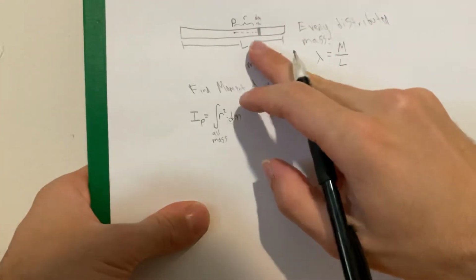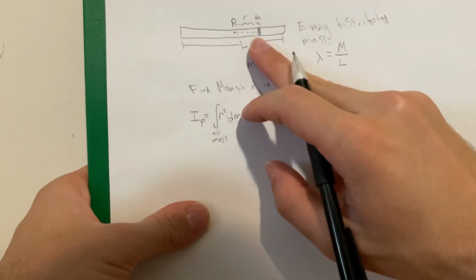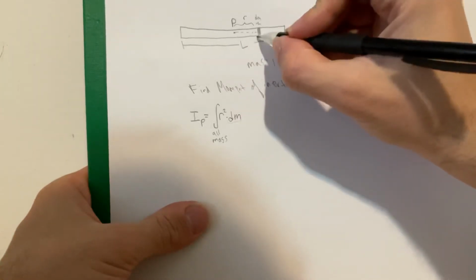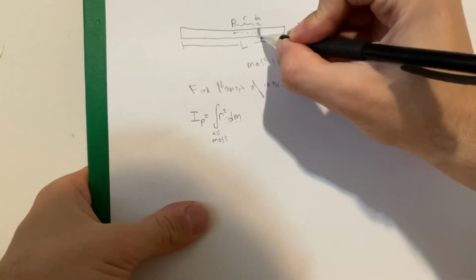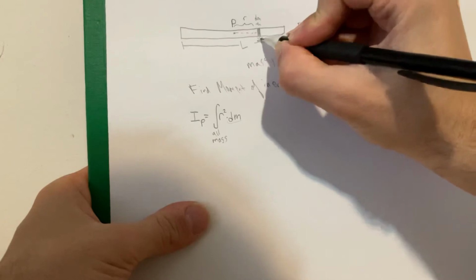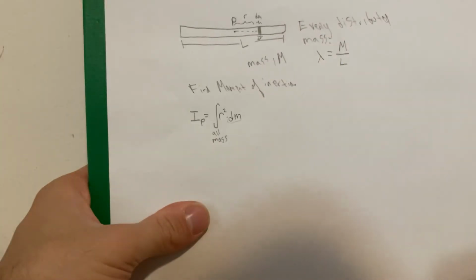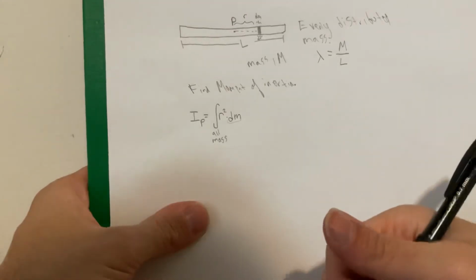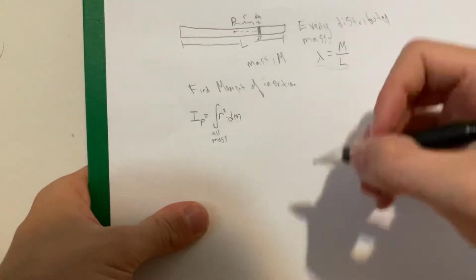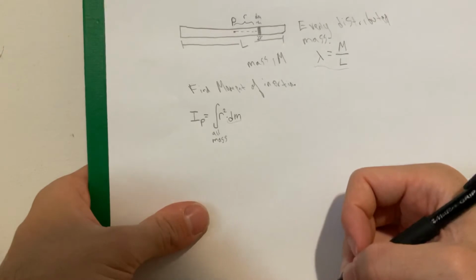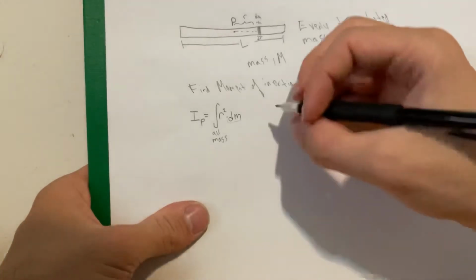So I guess the question is, how much mass is in that dm, of this length we call dr, a small increment of r? We can calculate the amount of mass in that small little bit of mass, dm, using our linear density that we have over here.